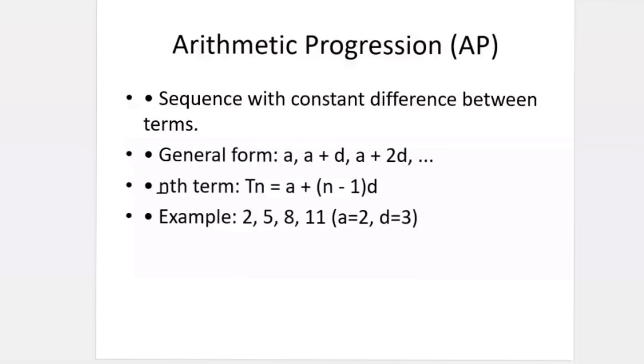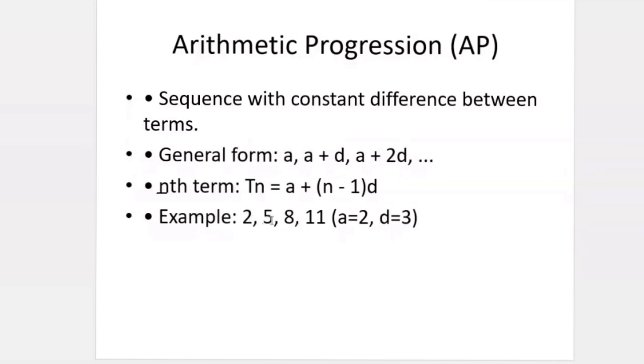And so to just illustrate that, we have something like this: 2, 5, 8, and 11. Now, I can comfortably tell you that this is an arithmetic progression. And why is that the case? Because I see that between 2 and 5, the difference is 3, right? And so I'm going to need that to hold for the next couple of numbers before I can conclude that this is an arithmetic progression.